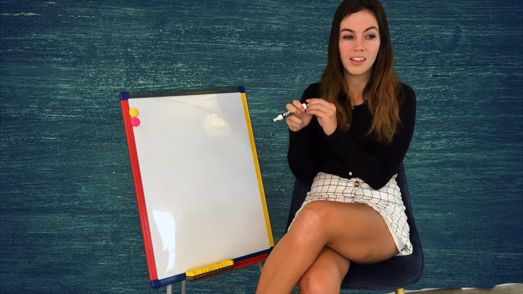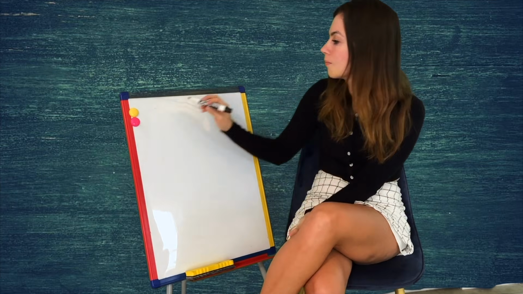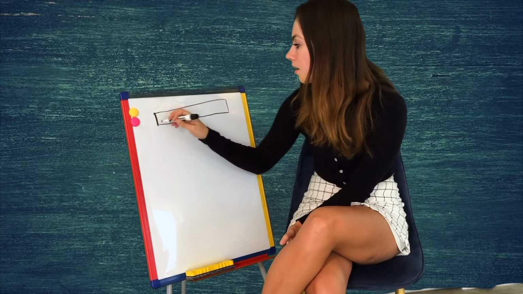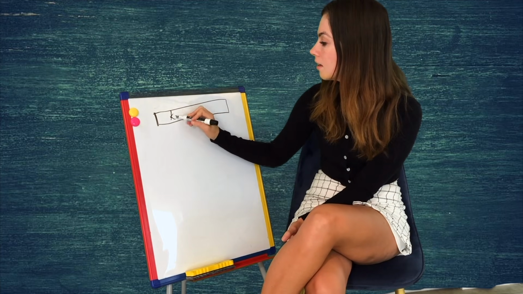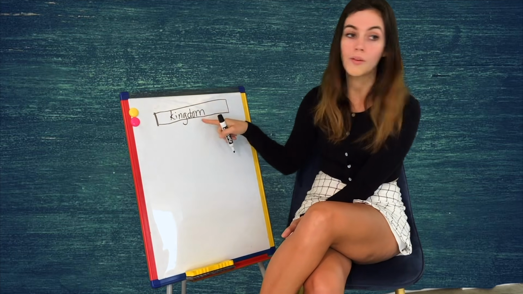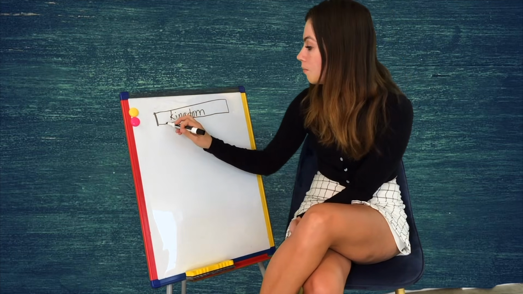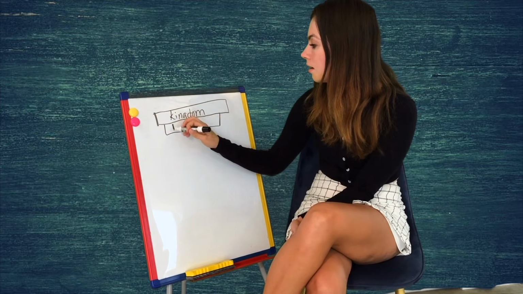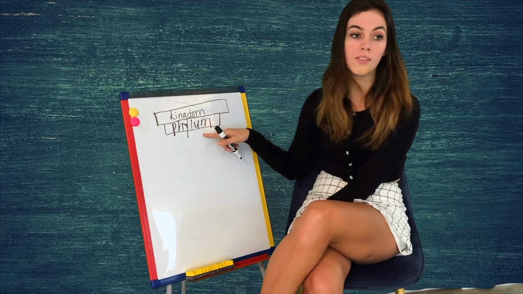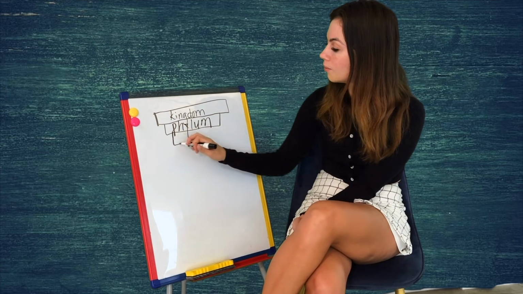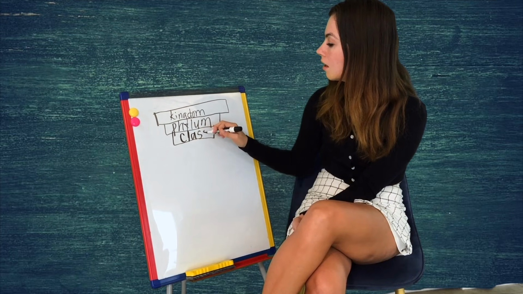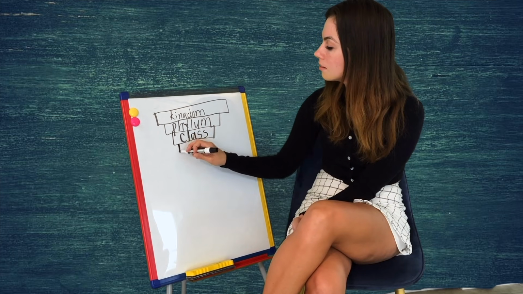I'm going to make a little pyramid here, an upside down one. So here we've got the kingdom. Below that, I'll put this, and then below that we have class.